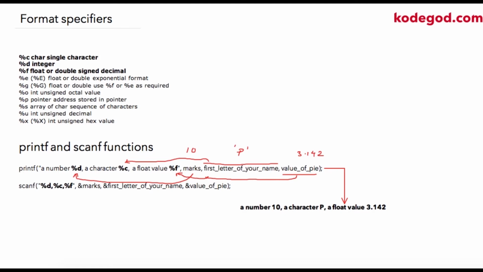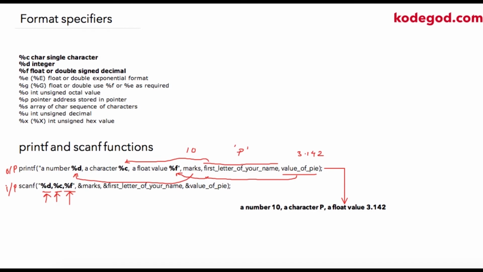Now the next statement is the scanf statement. The printf statement is used for displaying values, so it is used for displaying output, and scanf is used for taking values from the user. What scanf does is it tells the compiler to take these three values, and I'm also mentioning what type of value to take from the user and where to store those values.